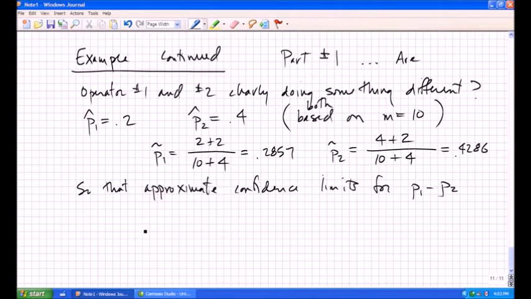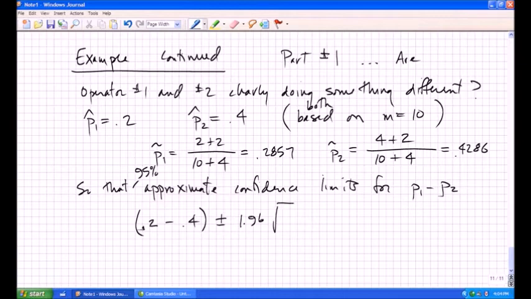that are these. What I'll do is take the difference in the p-hats, and I need some level of confidence, so let's make it 95% confidence. 95% confidence, I want the upper 2.5% point of the standard normal distribution.